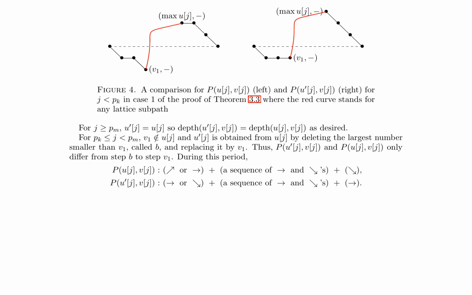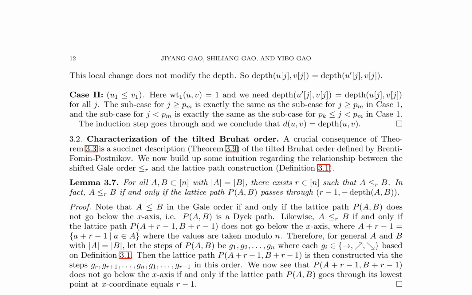The first, Lemma 3.7, states that for any A, B subsets of [n], there exists r in [n] such that A is less than or equal to B in the shifted Gale order. This implies that the lattice path P(A,B) passes through (r, 1 - depth(A,B)), where depth(A,B) is the depth of the lattice path P(A,B).